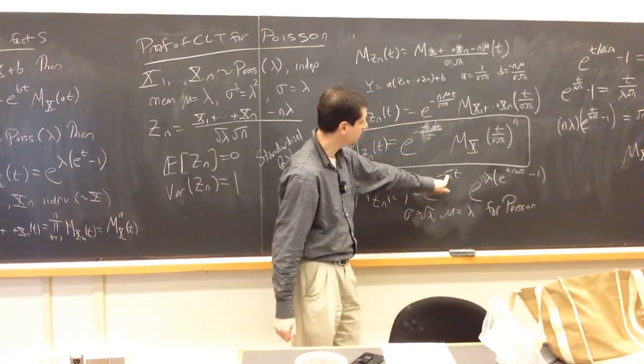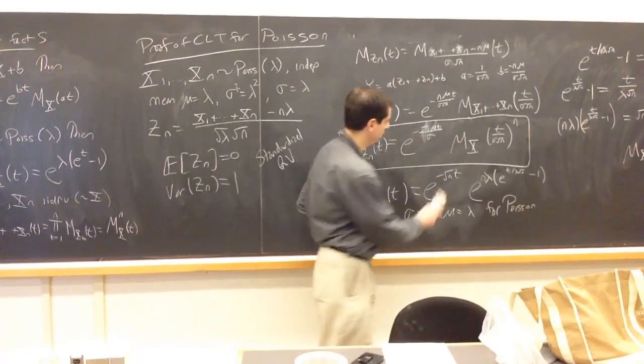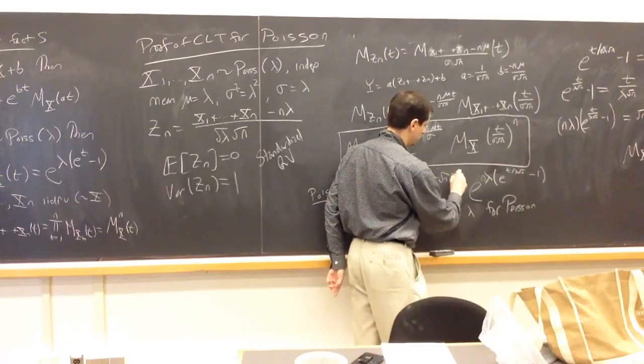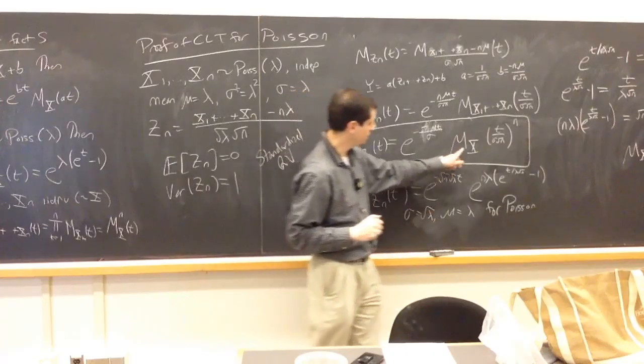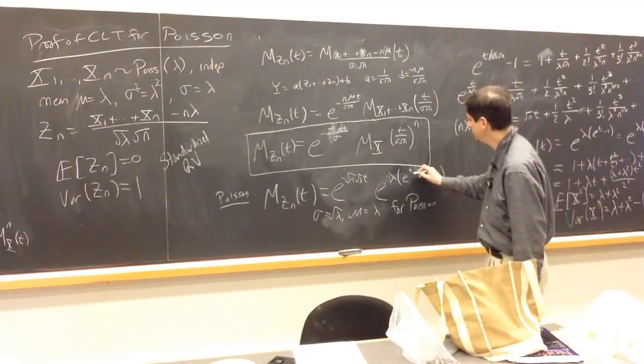So now instead of getting negative square root of nt, if this is lambda and this is square root of lambda, it should be, I think, negative square root of n square root of lambda times t. And now over here, sigma is equal to square root of lambda. So it should be t divided by square root of lambda n.